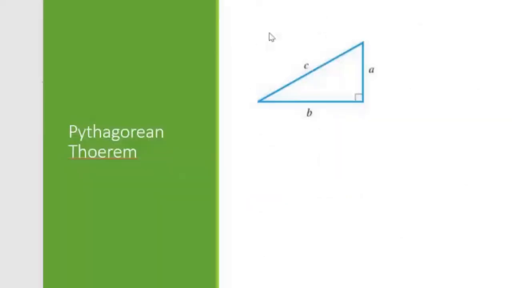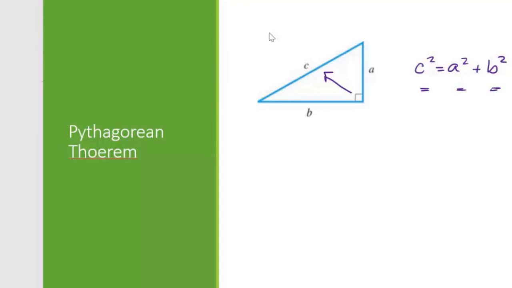There's one more tool that we need to solve problems in this module, and that's the Pythagorean theorem. For the given triangle, ABC, we can express the Pythagorean theorem as c squared is equal to a squared plus b squared. In other words, the square of the hypotenuse, remember that the hypotenuse is across from the right angle, is equal to the sum of the squares of the other two sides.